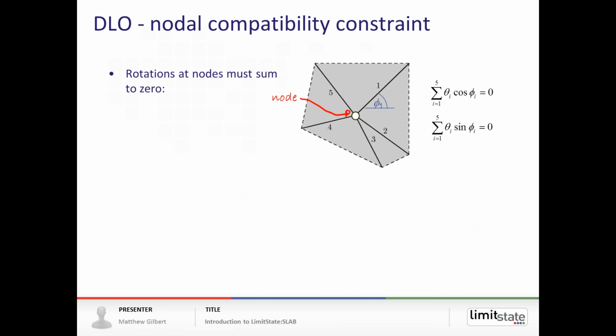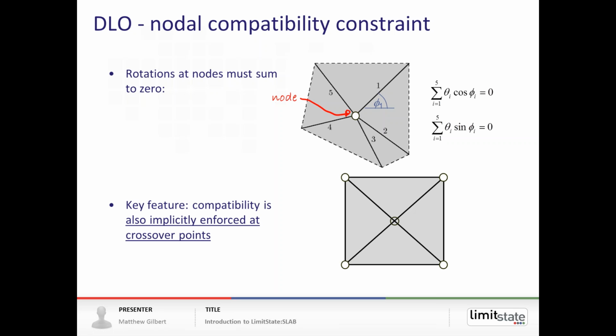Just to zoom in on the nodal compatibility constraints. What we're actually saying is that if we have a node and we have, say, 1, 2, 3, 4, 5 yield lines coalescing towards that node, then what we need to ensure is that if we traverse around the node, the rotations in the x direction must resolve to 0, and similarly the rotations in the y sense must also sum to 0, which is completely analogous to applying equilibrium in the truss problem.